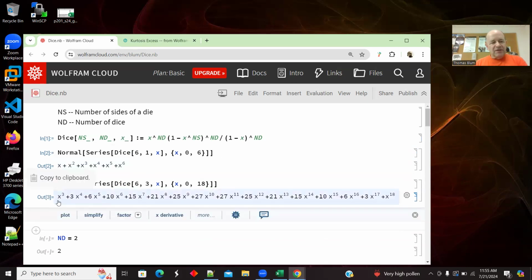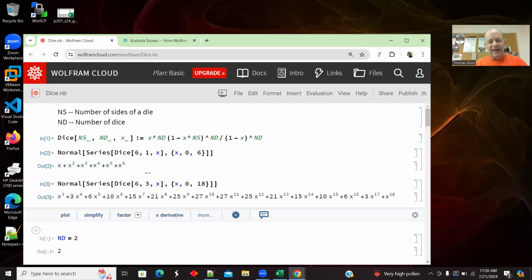But there it is. And so what this function does for you, and there are other ways of doing it, is tell you how many ways.